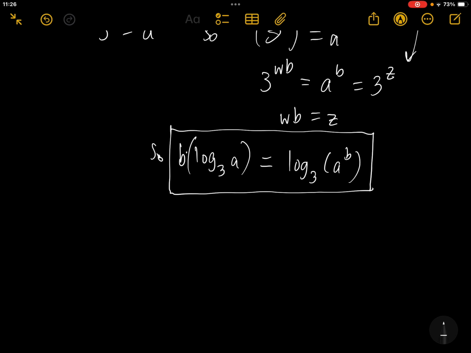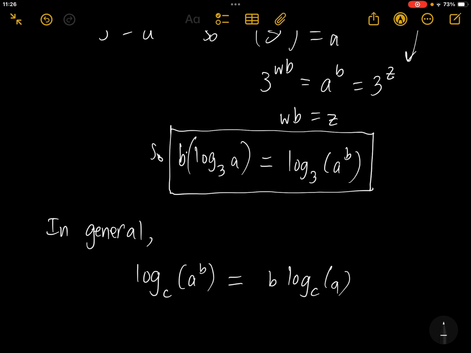And if you think about it, there was nothing special about 3, this base. So in general, if you apply the same reasoning, if you have log sub c of a to the b power, that is equal to b times log sub c of a.